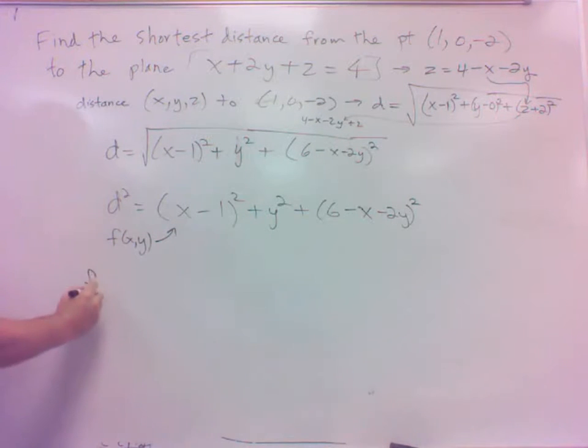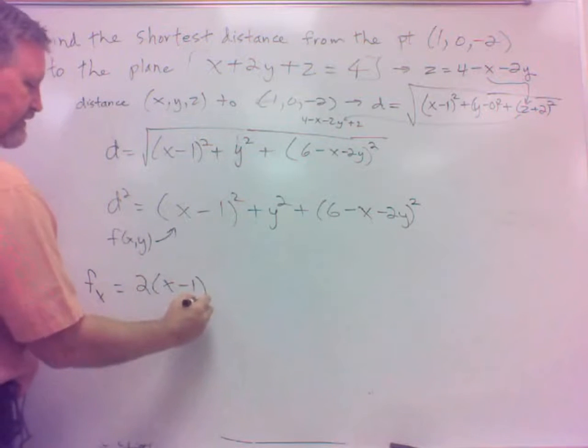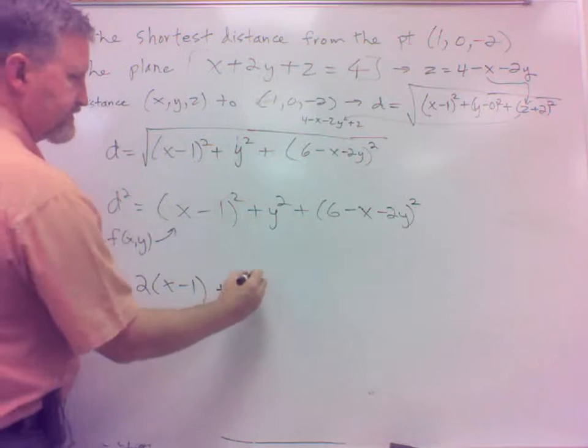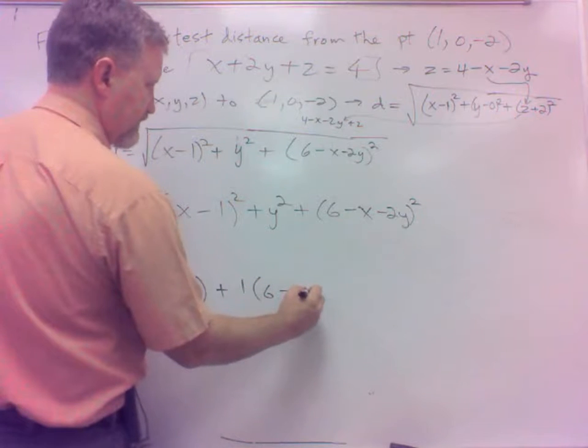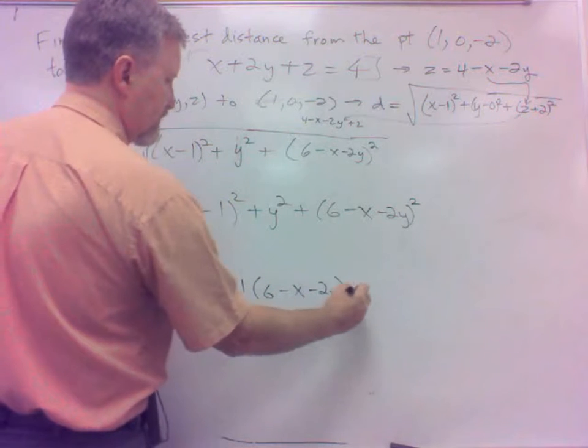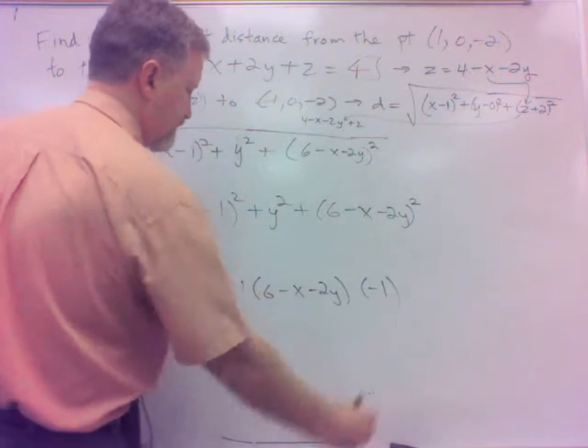And so the partial with respect to x would be what? Well, it would be 2 times x minus 1 plus 1 times 6 minus x minus 2y times negative 1, right?